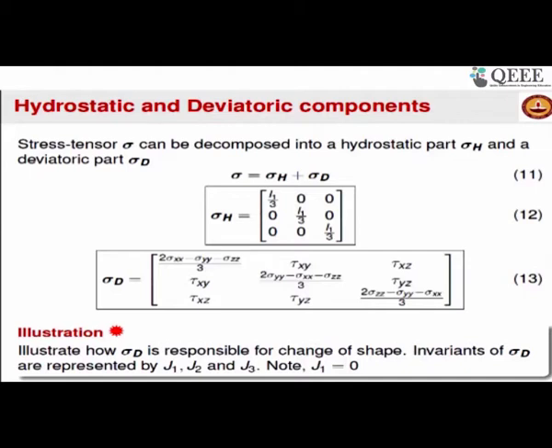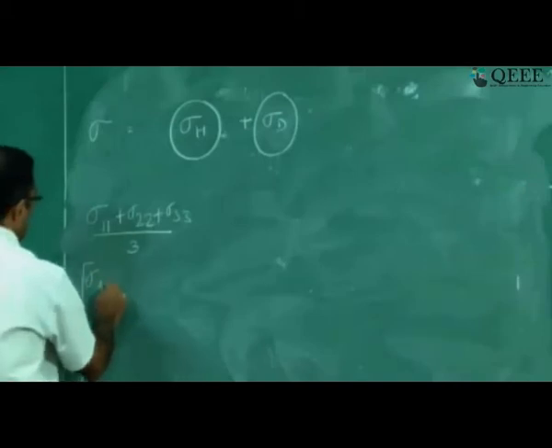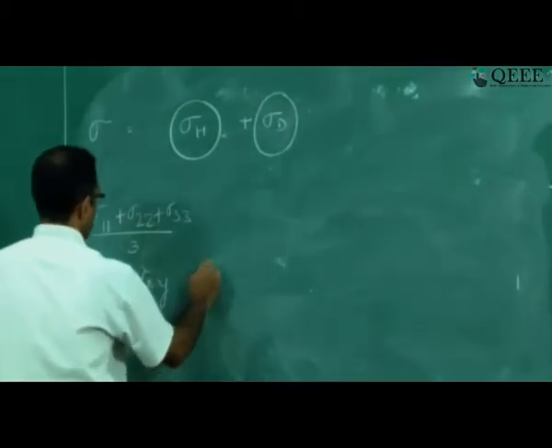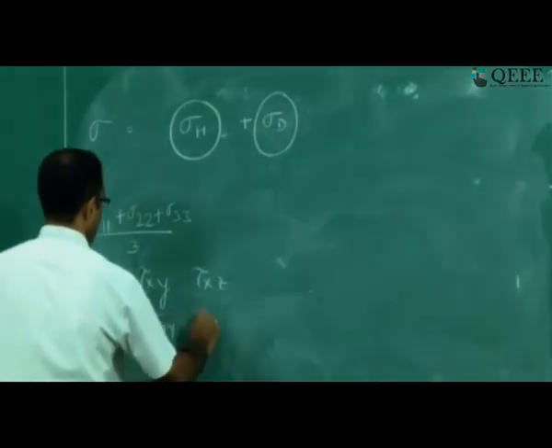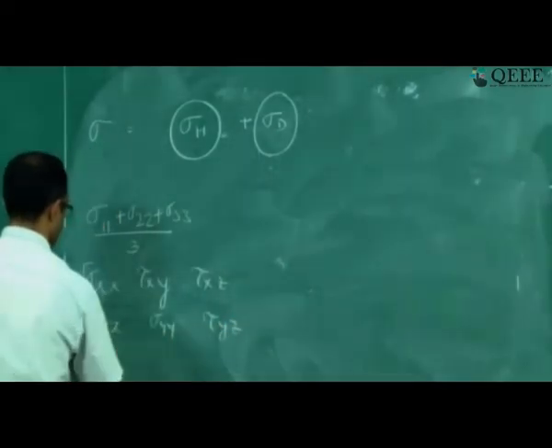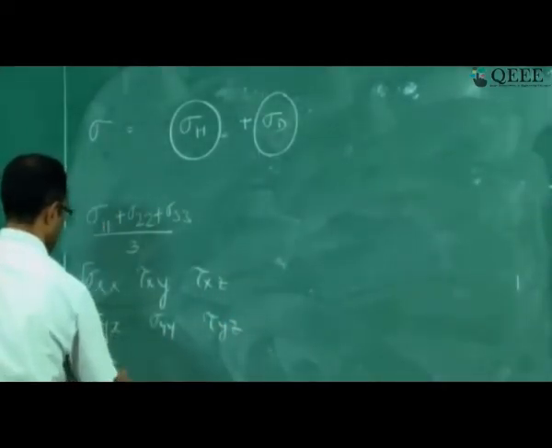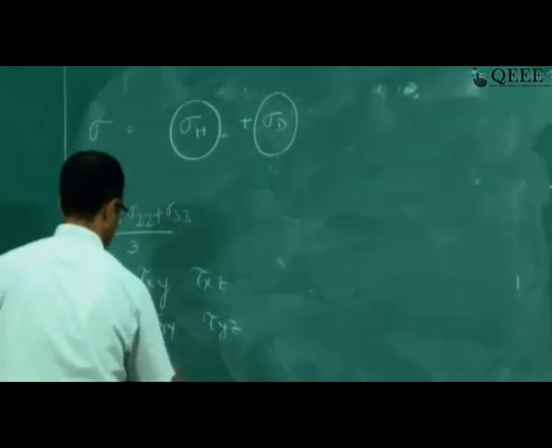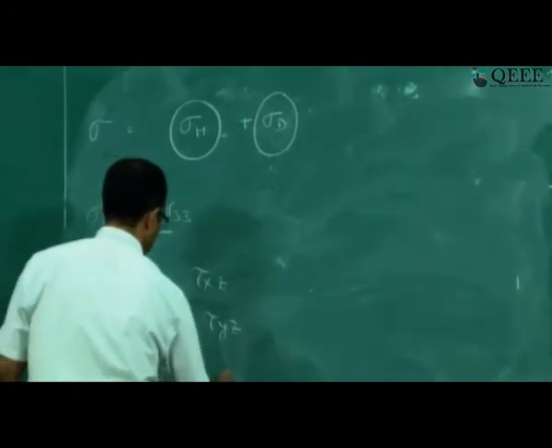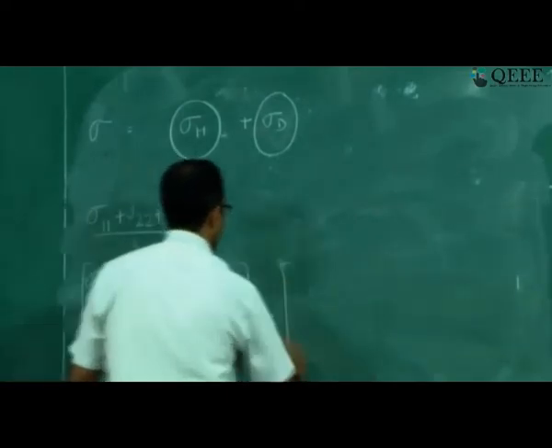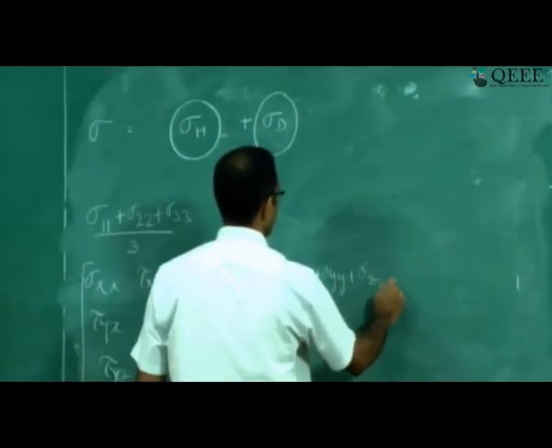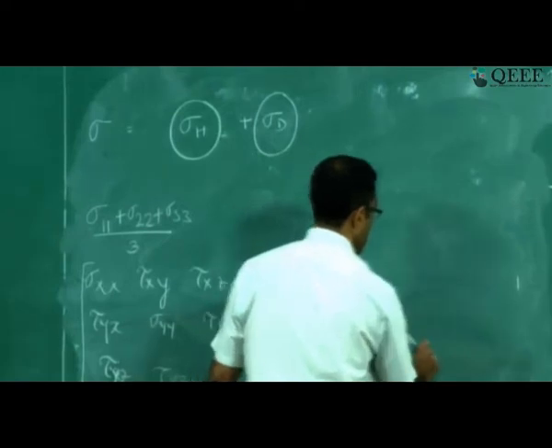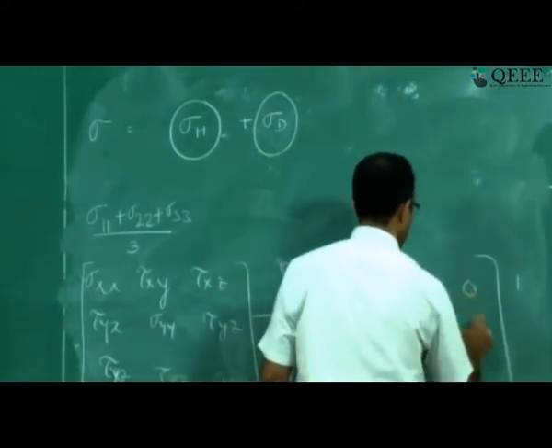Then you can write down the deviatory component by subtracting from each diagonal component sigma xx plus sigma yy plus sigma zz by 3, the same thing here and the same thing here, with all the off-diagonal elements 0.